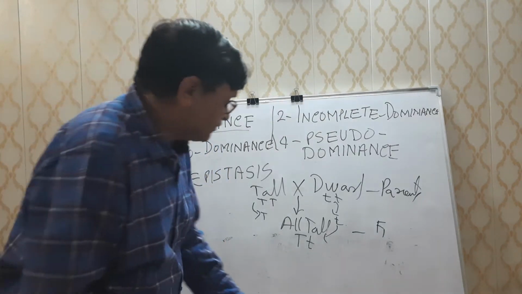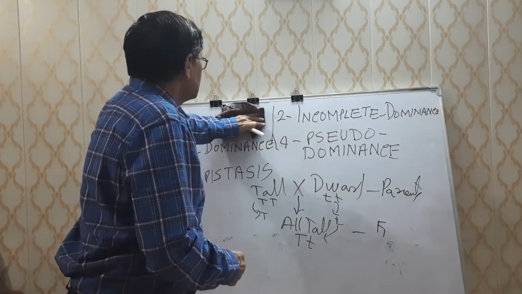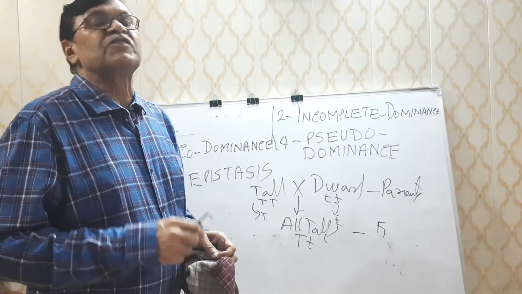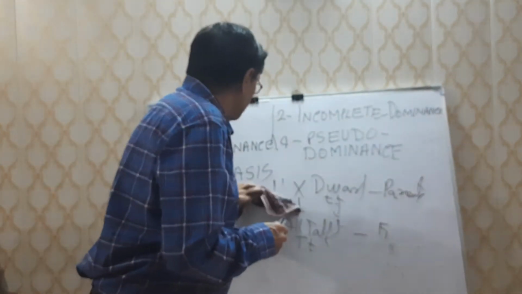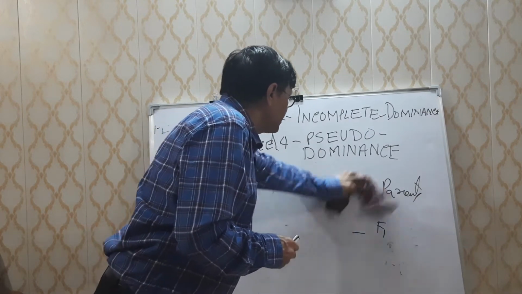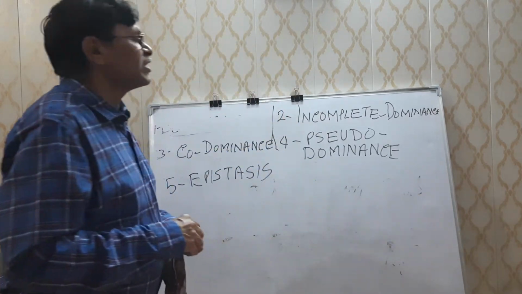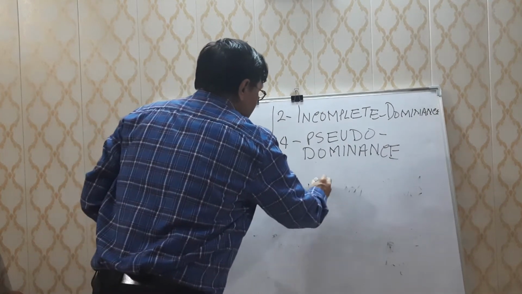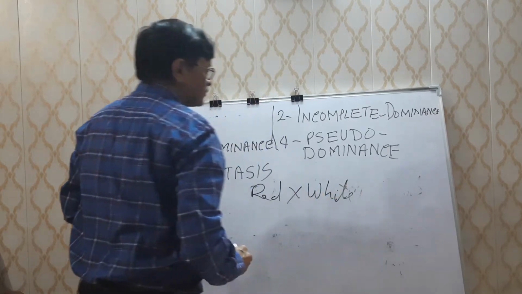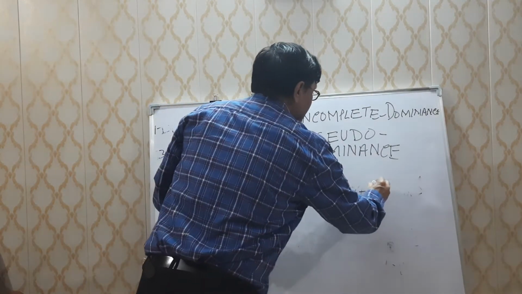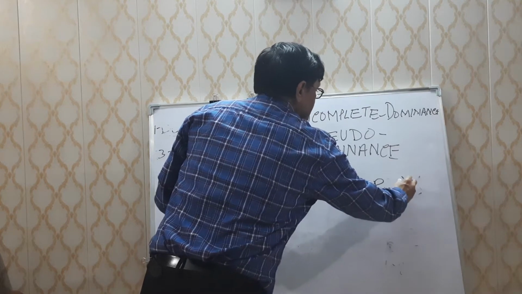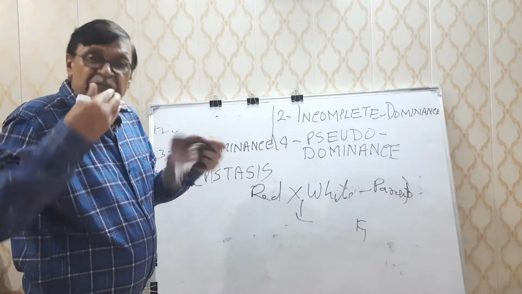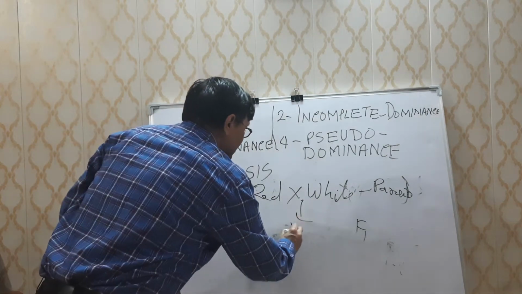Now let us see about incomplete dominance. In 4 o'clock plant, Mirabilis jalapa, it was observed that when a cross was made between red flowered plant and white flowered plant, the parents, then individuals of F1 generation showed intermediate phenotype. They were pink.